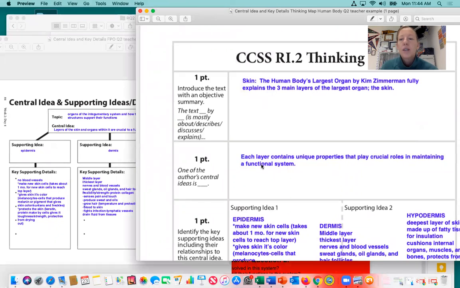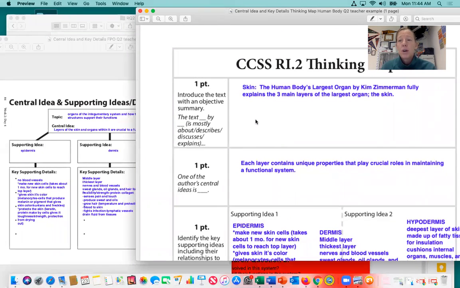So again, I just like to bullet point because I want to really make sure I put things in my own words and don't have to use quotes if I don't have to. So I want to introduce the text with an objective summary, and I use this sentence starter. The text, Skin, the Human Body's Largest Organ, by Kim Zimmerman, fully explains the 3 main layers of the largest organ, the skin.